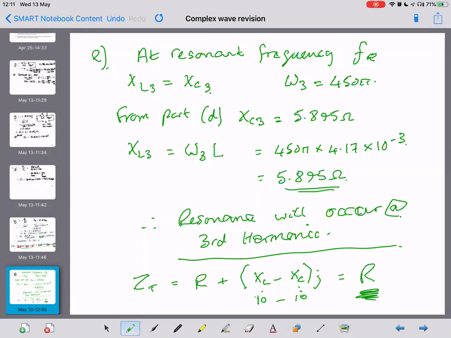Part F says, using your calculations, determine the third harmonic current at resonance and use it to determine the voltage across the capacitor and the inductor.